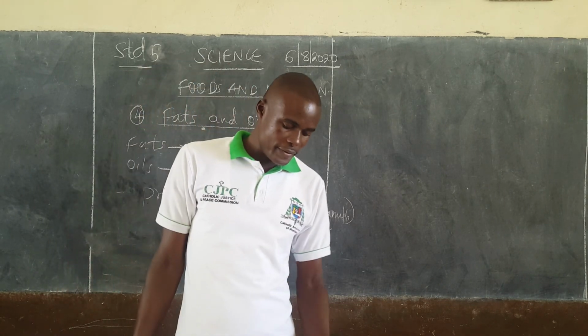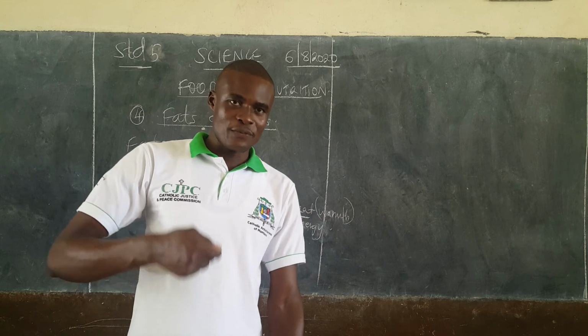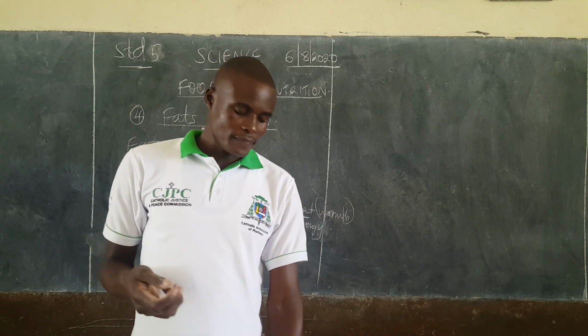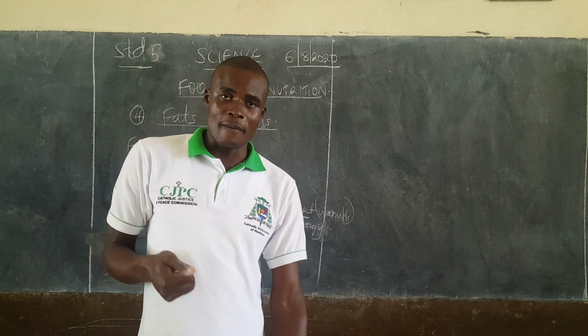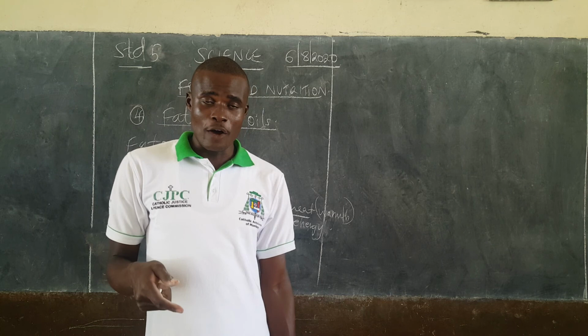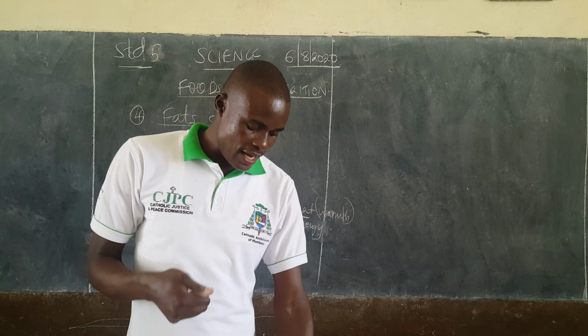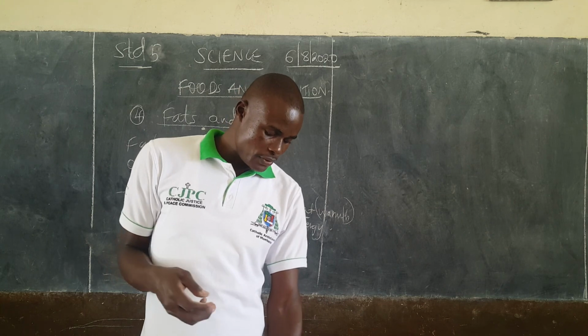That is why we are saying here that fat is stored under the skin and is majorly for later use, not for use at the moment. When you have the fats, they are normally kept under the skin for later use.